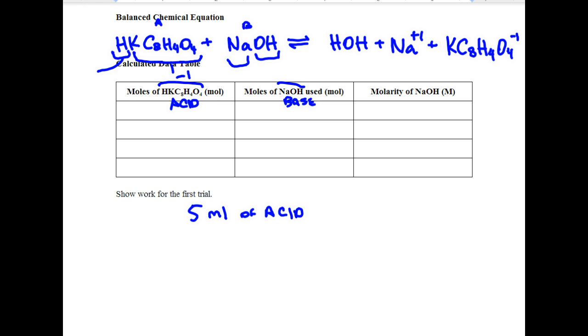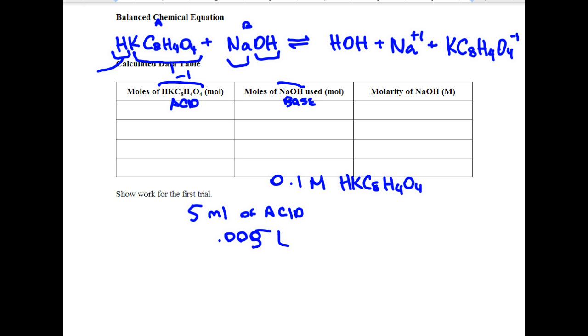So when we actually made this acid, we knew something. We knew that it had a molarity of 0.1 molar of HKC8H4O4. So if we know the volume that we used, 5 milliliters, if we can convert this into liters, which is just a for every statement, what we end up getting is 0.005 liters.